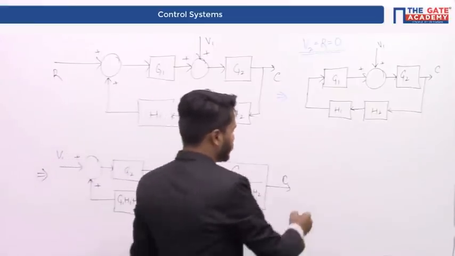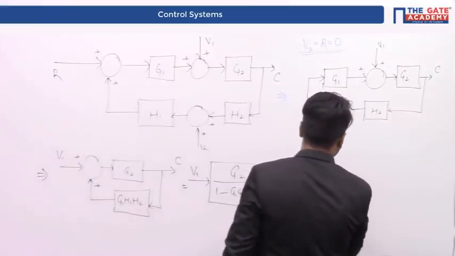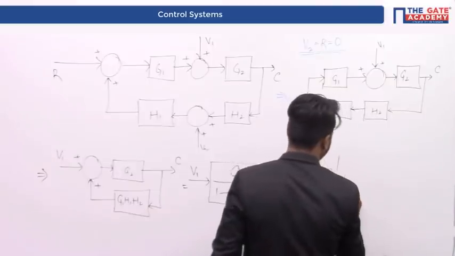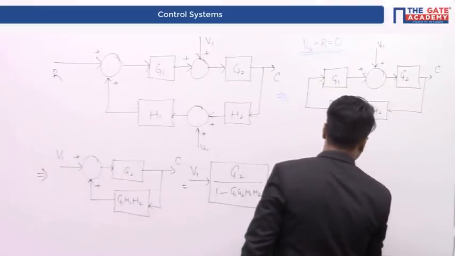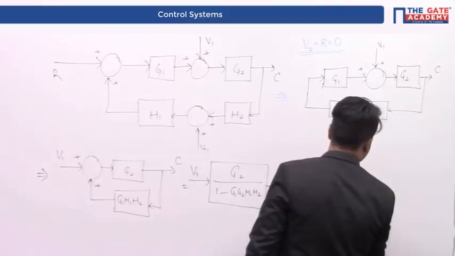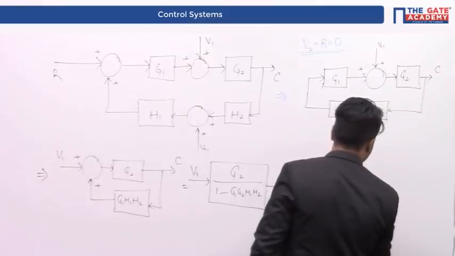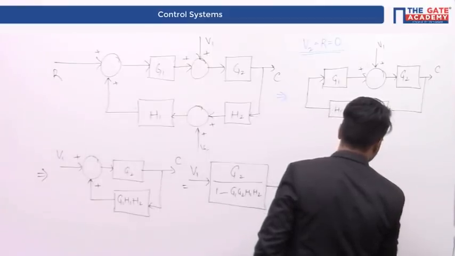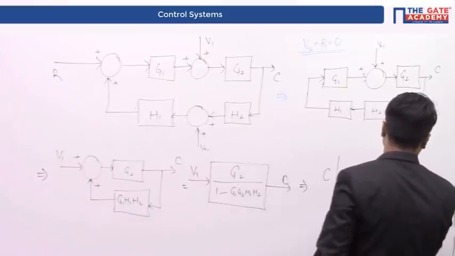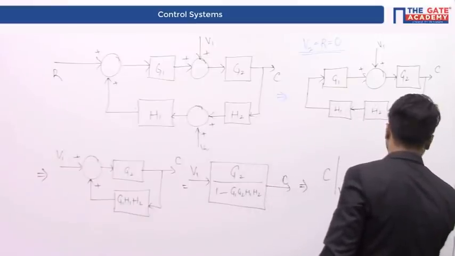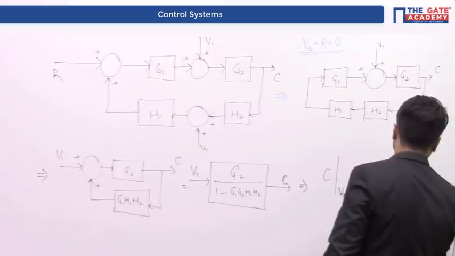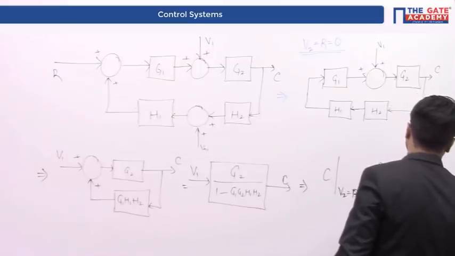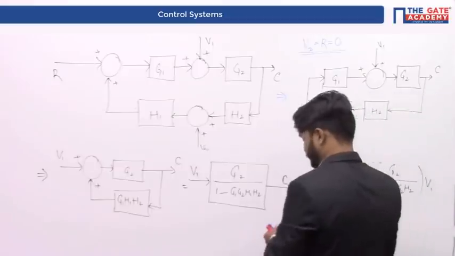Therefore, the output when only V1 is present, with V2 equal to R equal to 0, will be C equal to G2 by 1 minus G1, G2, H1, H2 multiplied by V1.